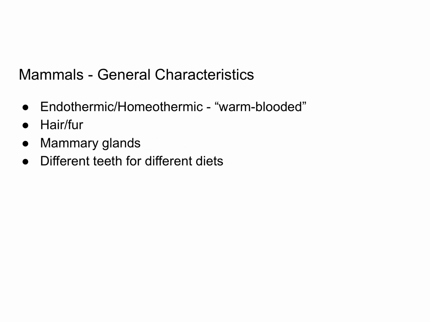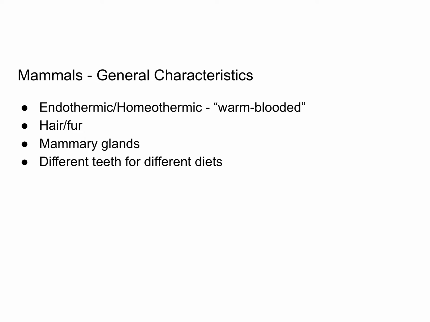Some additional characteristics of mammals include them being endothermic, which used to be referred to as warm-blooded, but endothermic is the more scientific way of saying this. Mammals are also homeothermic, which goes hand in hand with being endothermic. Homeo just means that mammals have a body temperature that stays the same.